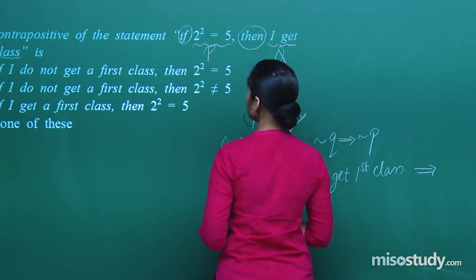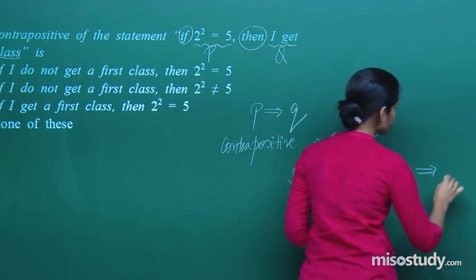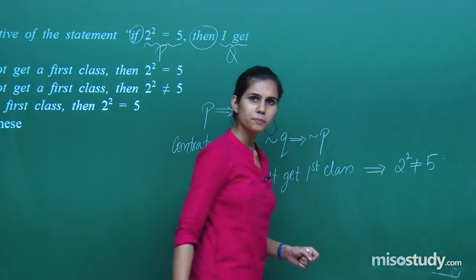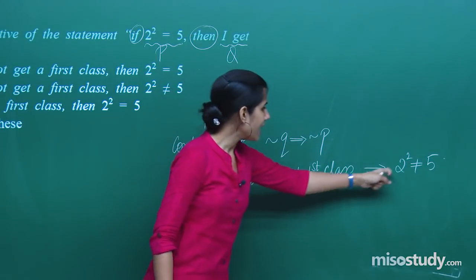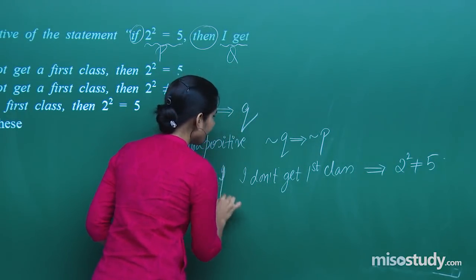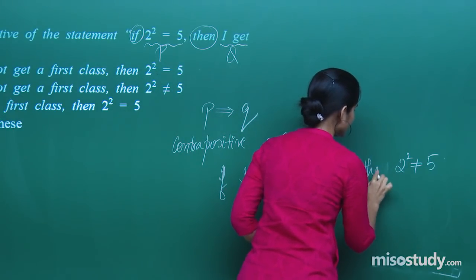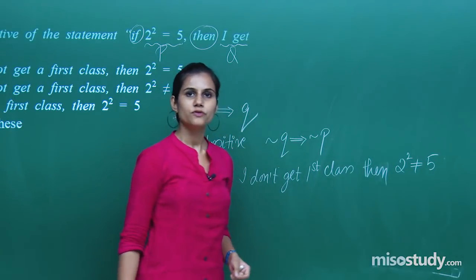Implies not P: P is 2 square equals 5, so 2 square is not equal to 5 is not P. This means if I don't get first class, then 2 square is not equal to 5.